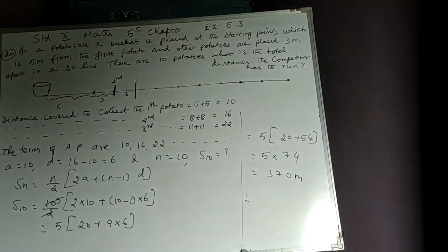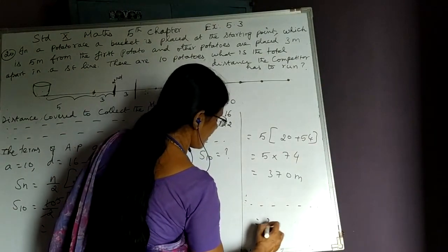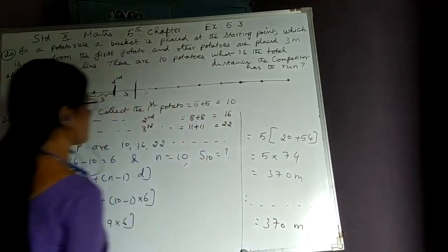Therefore, how much distance the competitor has to run? 370 meters. You can conclude the answer. Total distance the competitor has to run 370 meters.